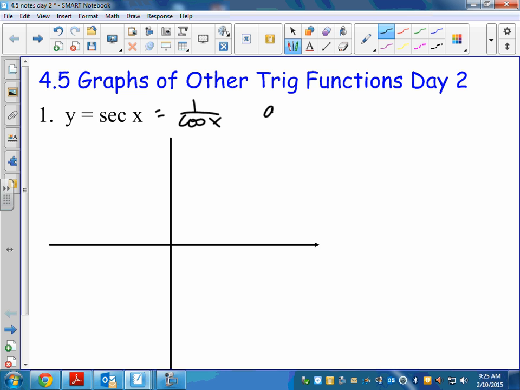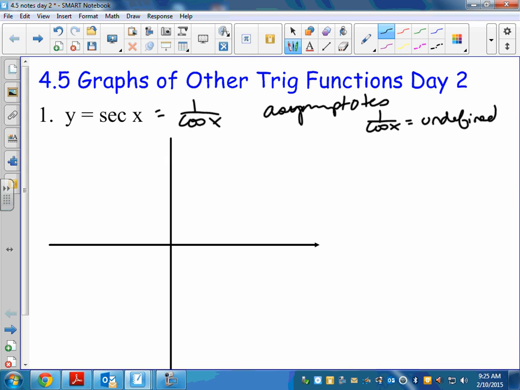Which means I can say I know my asymptotes are going to be where cosine of x equals 0, or where 1 over cosine of x is undefined. Which means cosine is x, x is 0 on the y-axis.